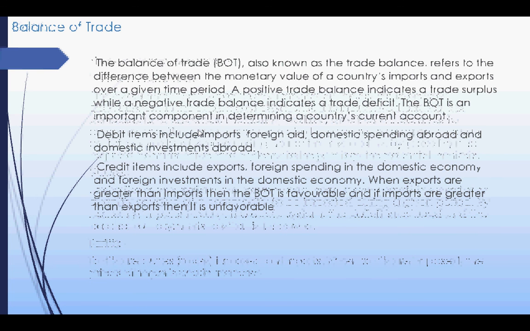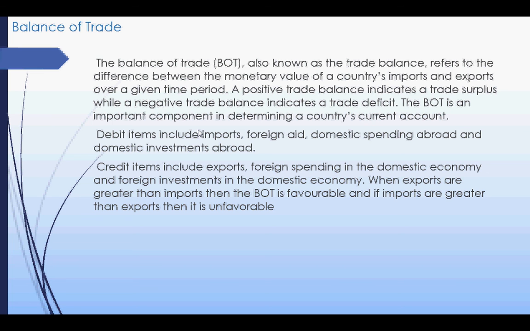So now let's begin to understand balance of trade. It is known as the trade balance, or it refers to the difference between the monetary value of a country's imports and exports over a given period of time. A positive trade balance indicates trade surplus, while negative trade balance indicates the deficit in the BOT.